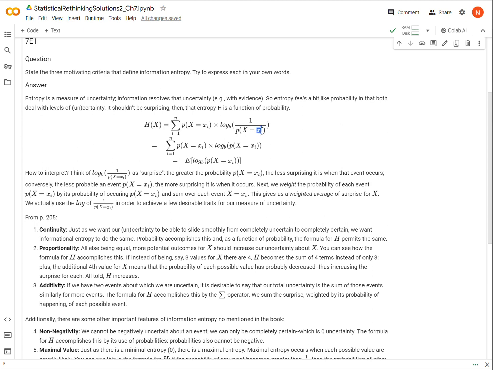If a particular value of x is very probable, say 99% probable, well then 1 divided by 0.99 is a value that's pretty close to 1, okay? And so that's not going to be very surprising, and hopefully that makes sense. If a very probable thing happens, it's not surprising, okay?